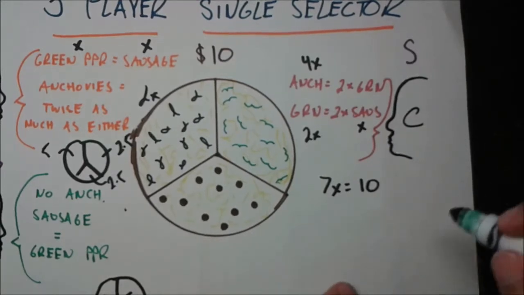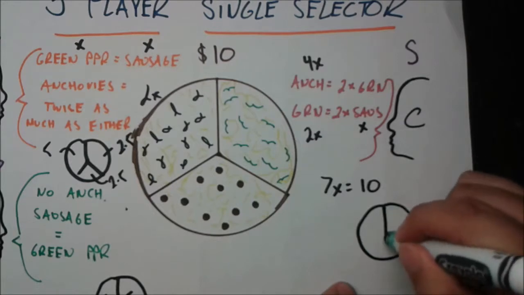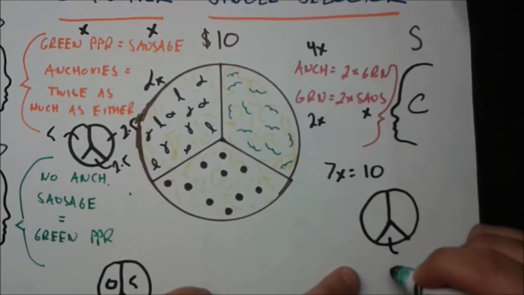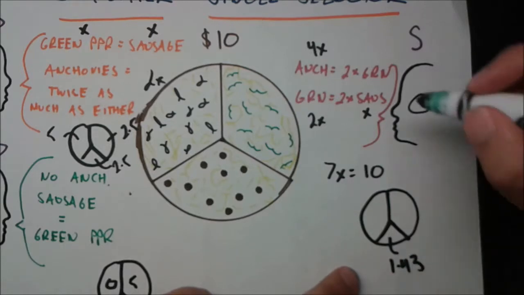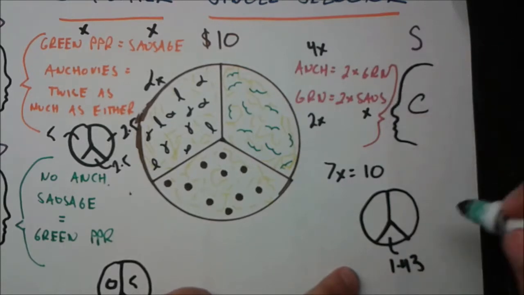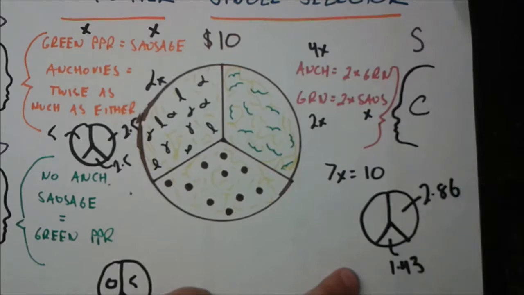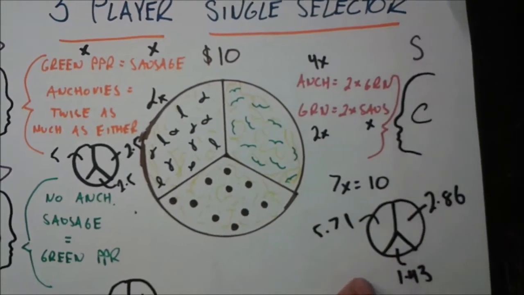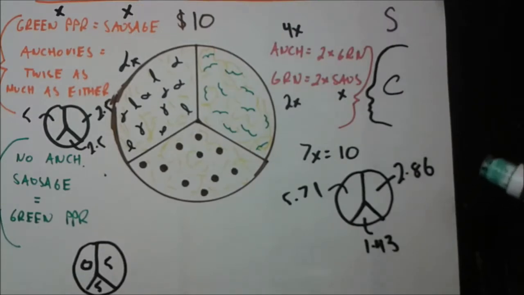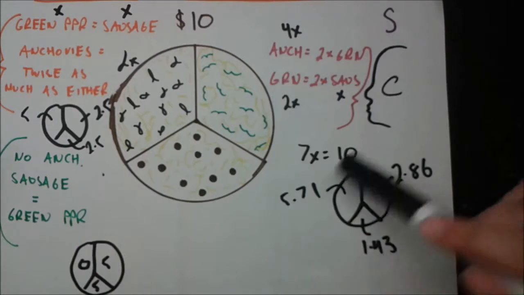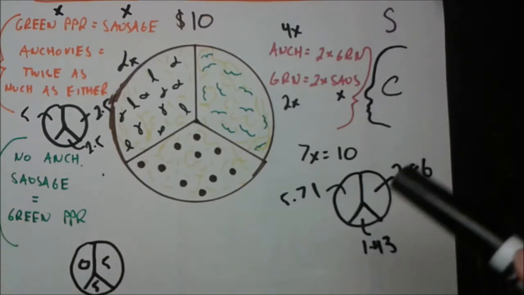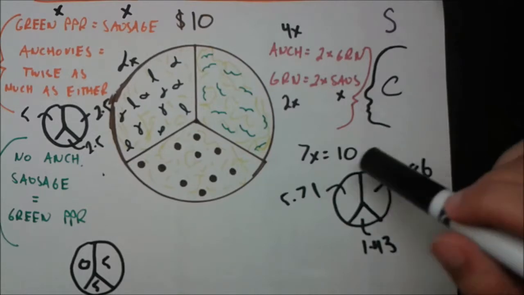So if we look at this person, it turns out that x comes out to about 1.43, and that's going to be the least valuable piece, the sausage. The green peppers are going to be twice that at 2.86, and the anchovies are most valuable at 5.71. And if you look at these numbers, add them up, they'll add up to 10. And these are estimates. Of course, I left off the extra digits. Okay, so now we have this.